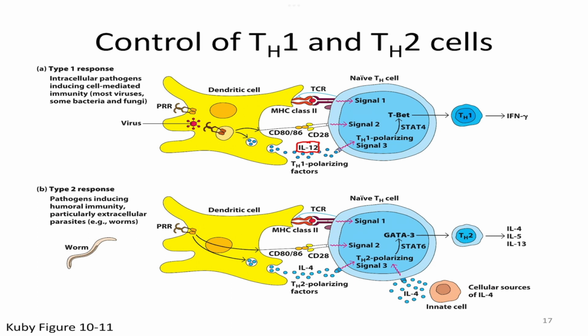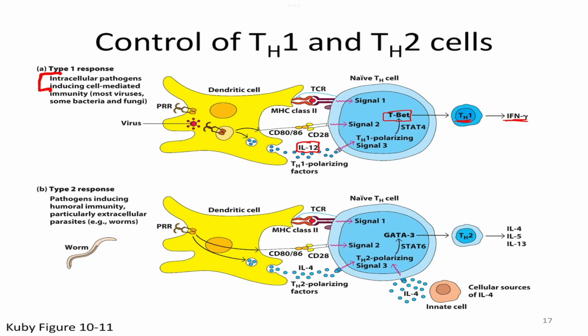That IL-12 turns on the production of the transcription factor TBAT in this helper T cell that pushes this cell to become a Th1 cell and make interferon gamma. And this will be particularly important for helping us deal with intracellular pathogens.